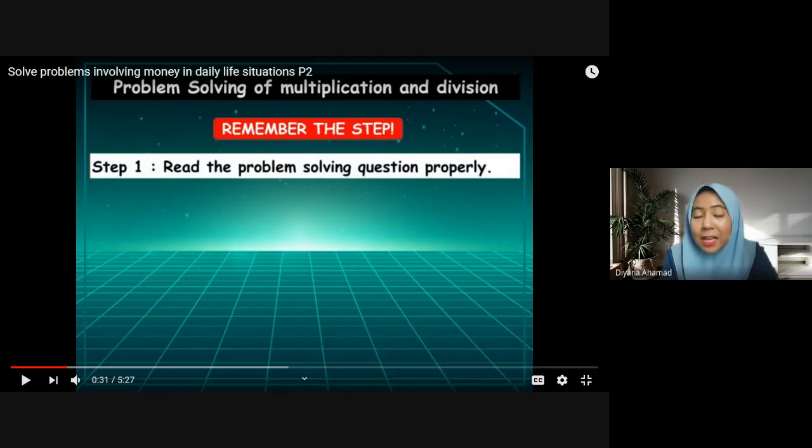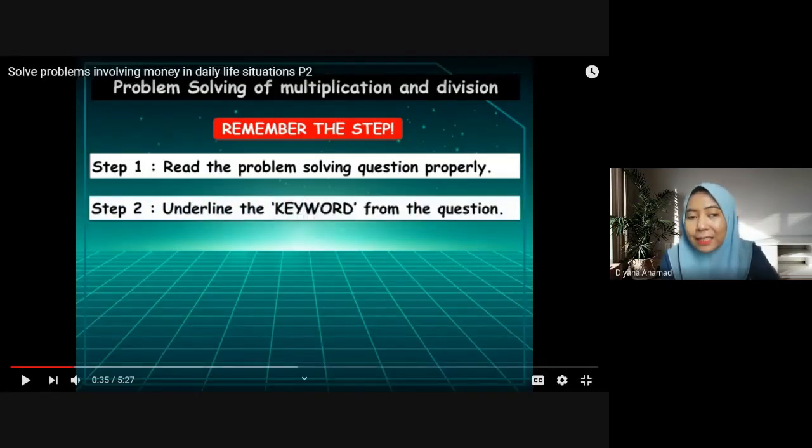Number one is read the problem solving question properly. Like I told you, you must read the story until the end. Right? And then the second step is you need to underline the keyword from the question. If you find the keyword, then you know whether you need to do plus money, minus money, divide money, or times money.